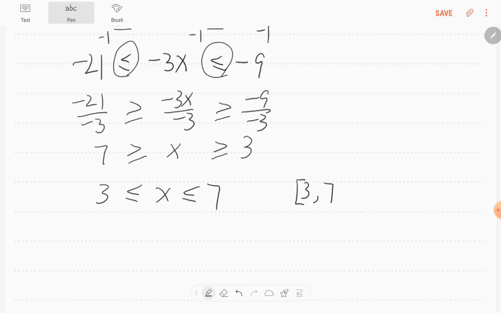Here we use the brackets because the endpoints are included. On the number line, this is x. Here we need to locate 3 and 7, and x is between 3 and 7, and the endpoints are included, so we use solid points.